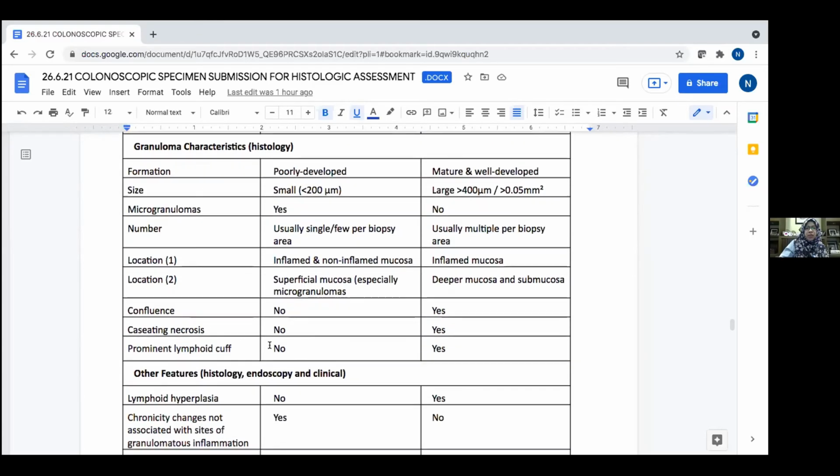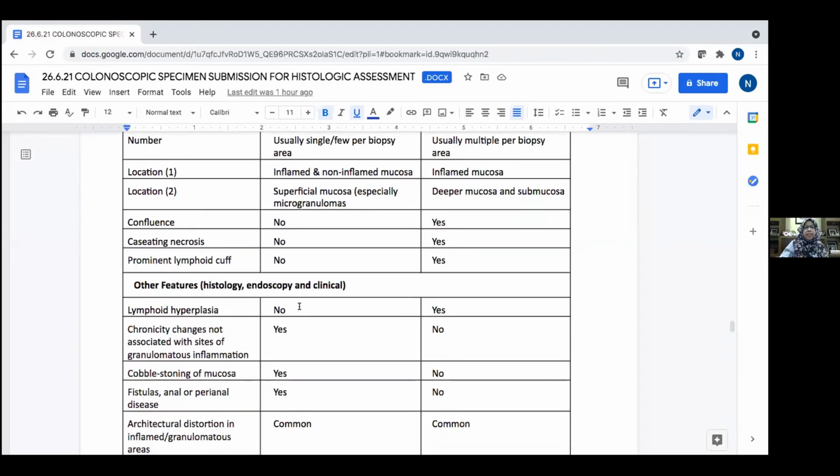Okay, the other thing I want to highlight is the presence of lymphoid cuffing, which I think is a useful feature. In TB granulomas, you have prominent lymphoid cuffing, but in Crohn's, you don't have that much lymphoid cuffing. Now, lymphoid hyperplasia around the granulomas would also be more suggestive of TB.